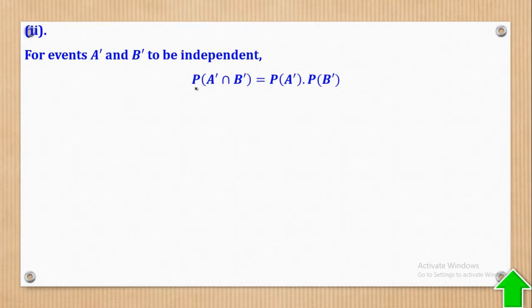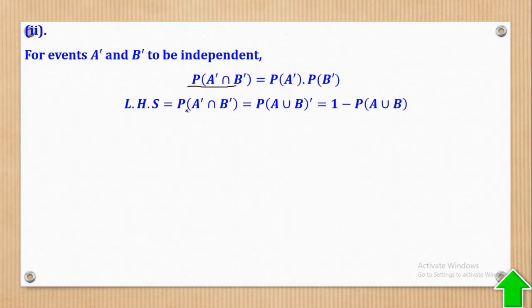So this is what they want you to show. Still we shall start from the left hand side. So this one is equal to this, and from De Morgan's law it implies that when this complement moves out of the bracket, the sign here must change. It was intersection, it becomes union. I think you remember that from De Morgan's law.